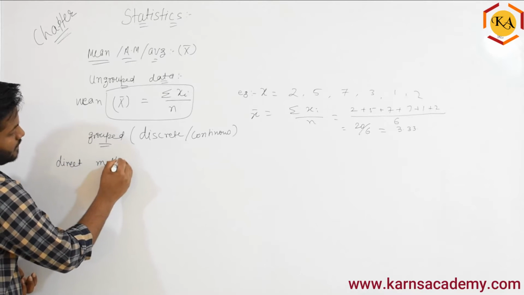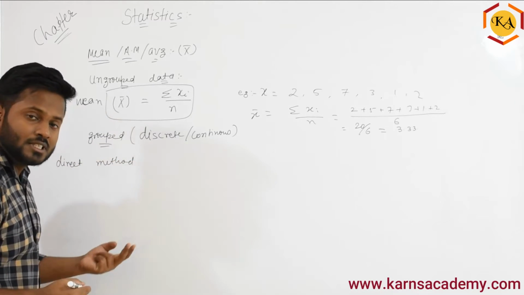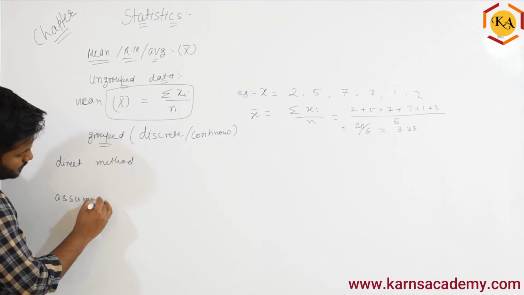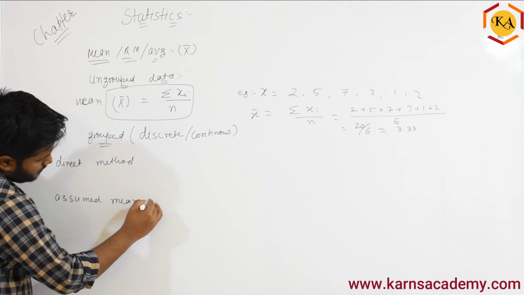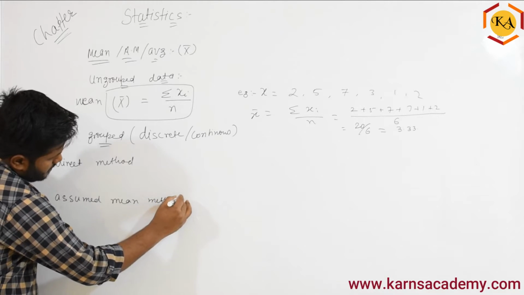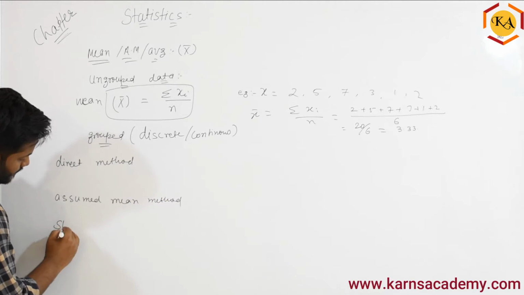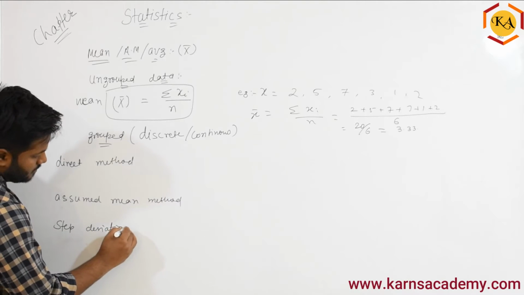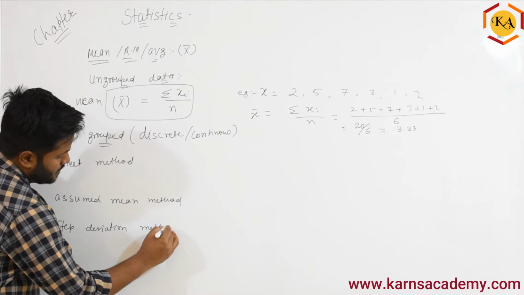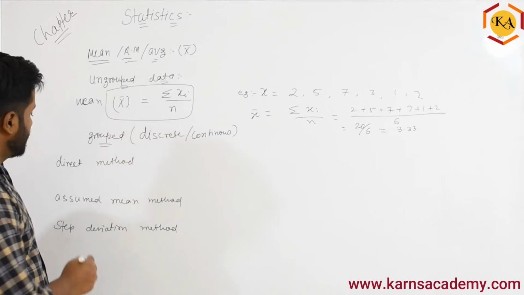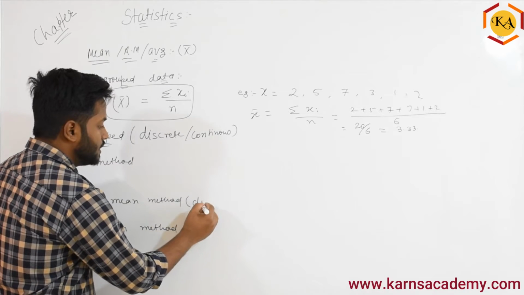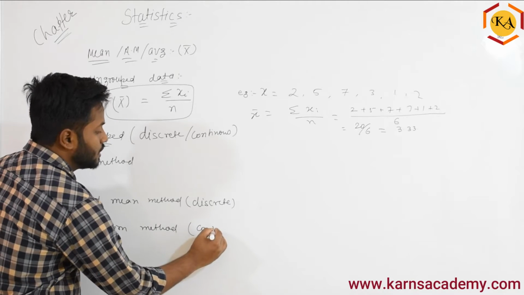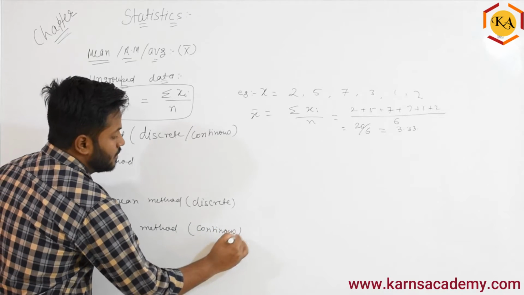Apart from the direct method, we have another two methods called the assumed mean method, and then the step deviation method. Very famous, the step deviation method. The assumed mean method we use for discrete data, and this we use for continuous data, right?